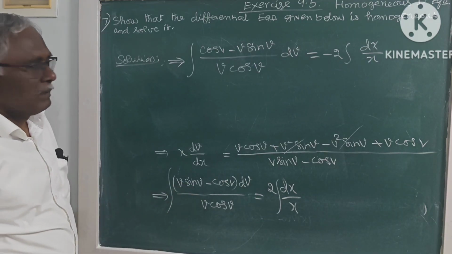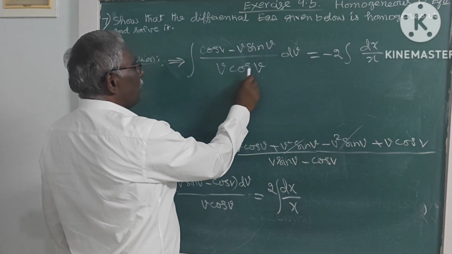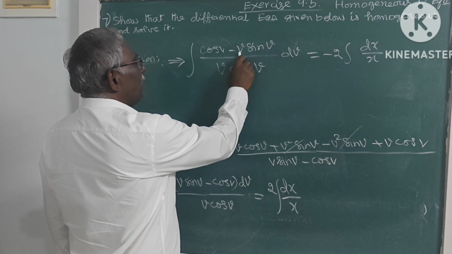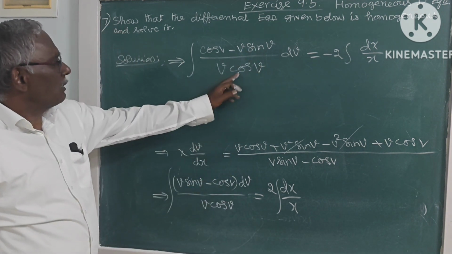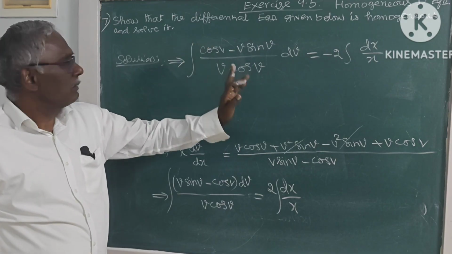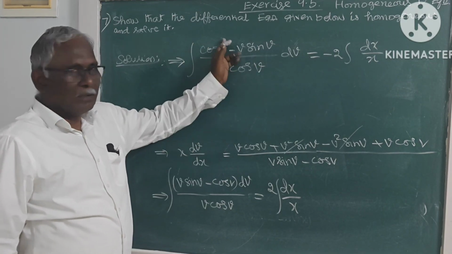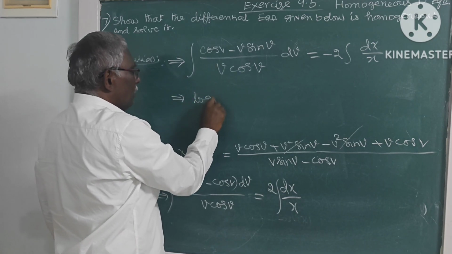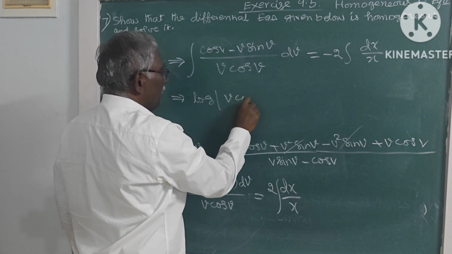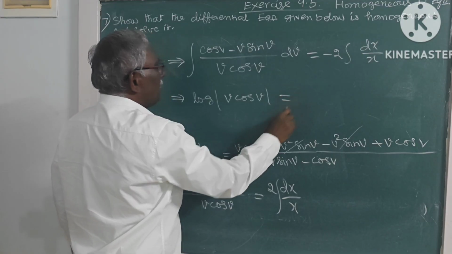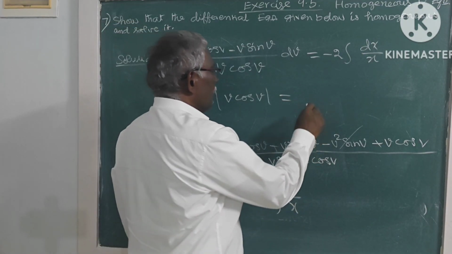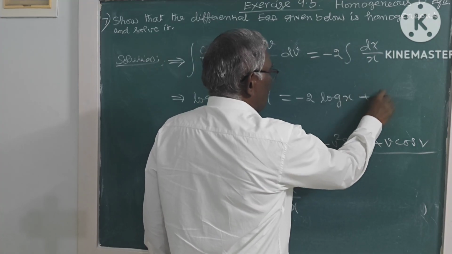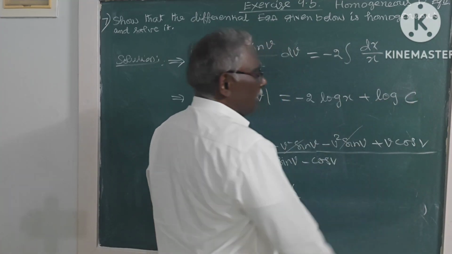If we differentiate the denominator, we are getting the numerator. The value of this integral is log of denominator v cos v is equal to minus 2 times log x plus log c.